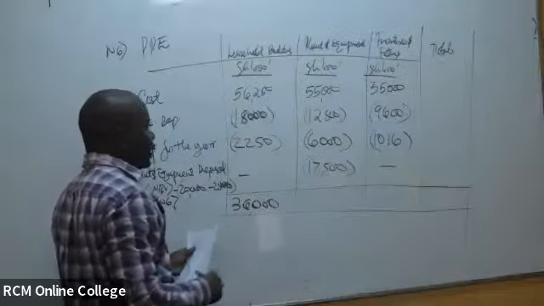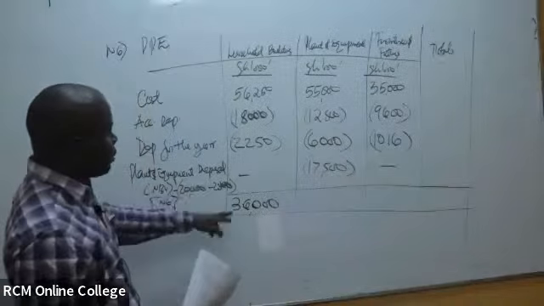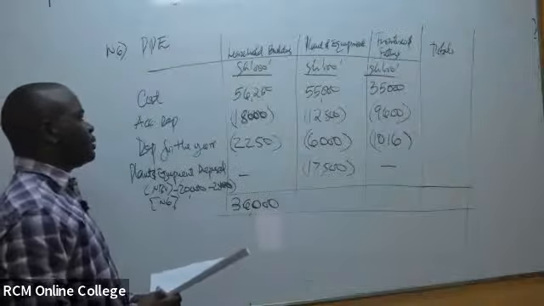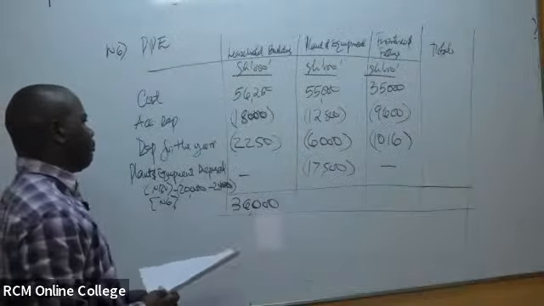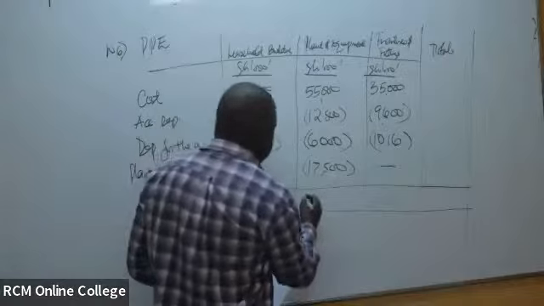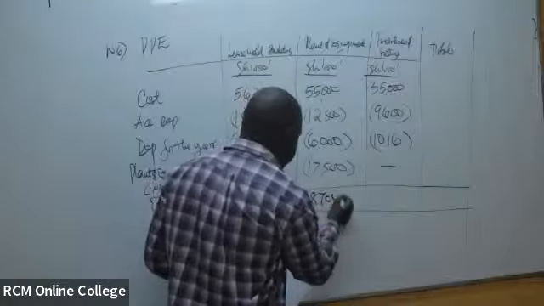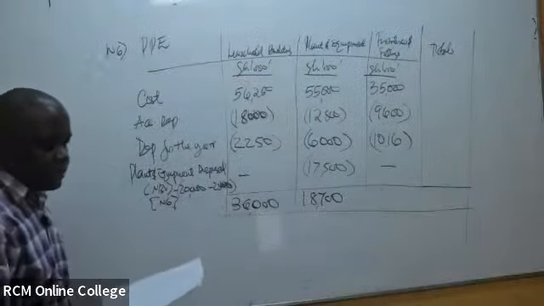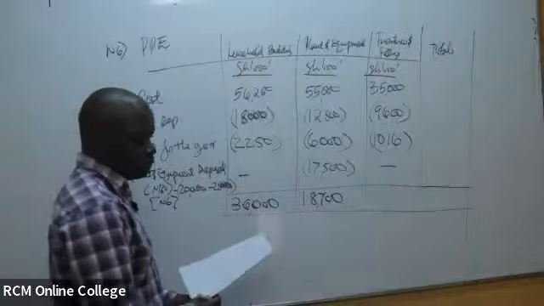Hope you are seeing that. So it should come to around 36. 36 should be correct, I think so. So this one is 18,700. What about this last column for furniture and fittings? For furniture and fittings, it is how much?